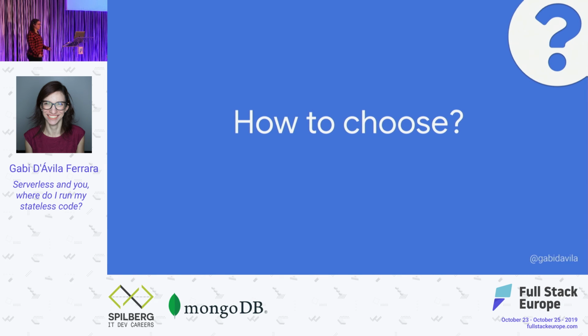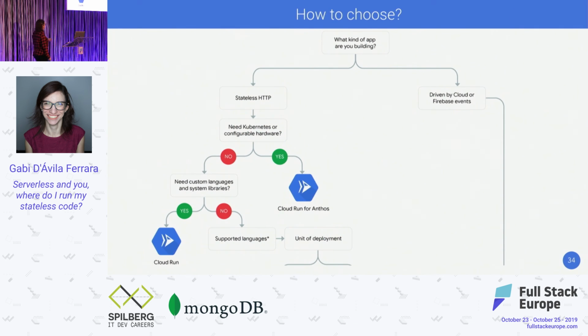But how do you choose it? There are similar products everywhere. So you don't need to go buy these products, but you can get the idea. This is a bit complicated, but basically it says, if you're building a stateless HTTP server, if you're using Kubernetes, customized, you need to use Cloud Run on Anthos.